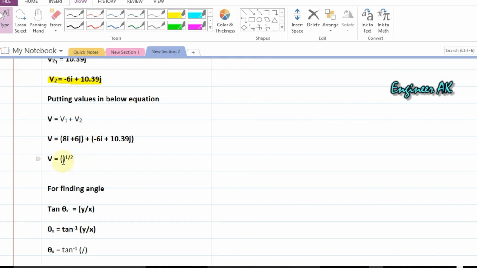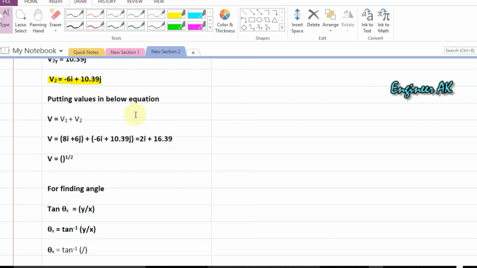So here we will add the j with the j and the i with i. So here it is 8i minus 6i, which will give me 2i, right? Plus, if I sum them up, it will be 16.39 j, right? So it is giving me that.